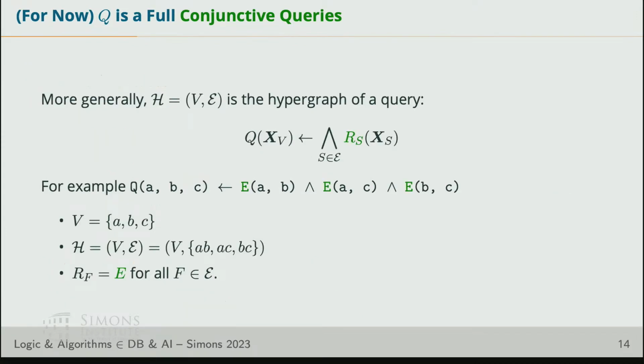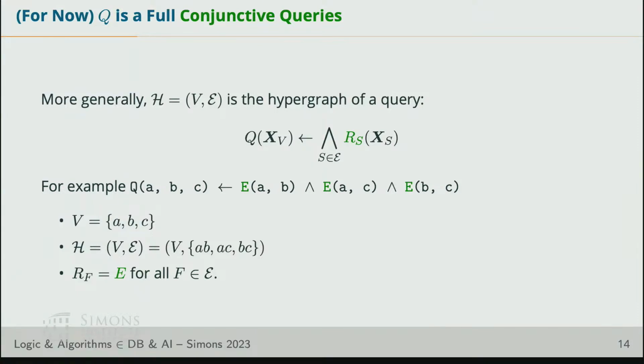Okay, so more generally, the model is like this. We are given a hypergraph in which for every hyperedge, there is an atom, or a relation for that hyperedge. And we would like to answer the following query: list all of the tuples that satisfy every single atom in the body.